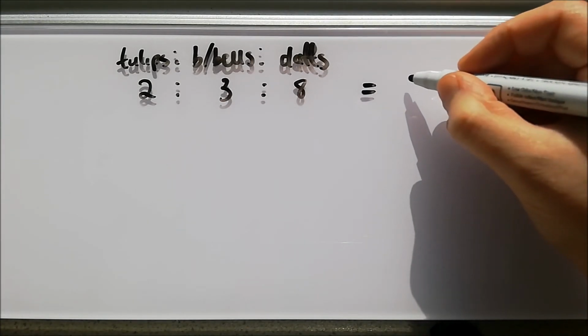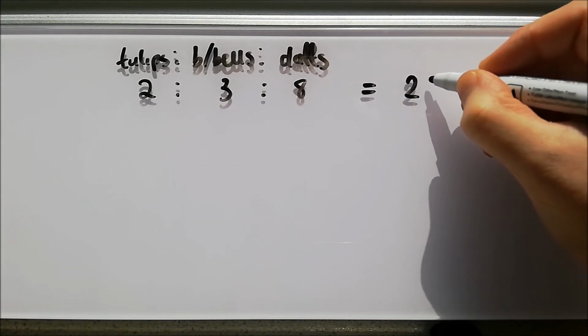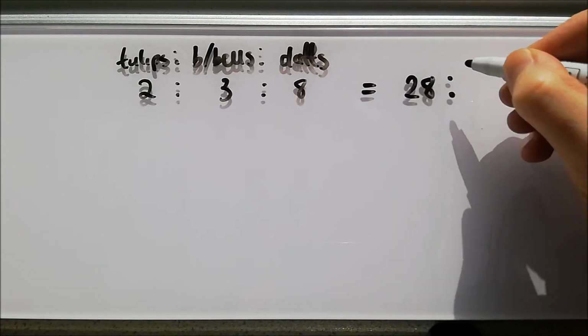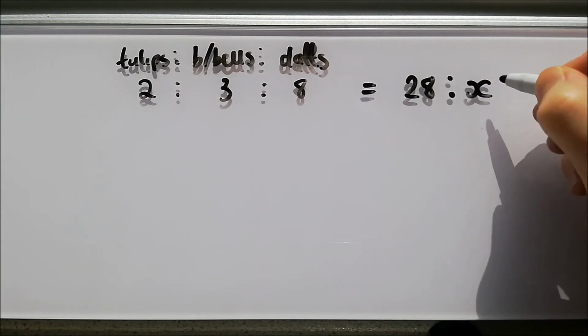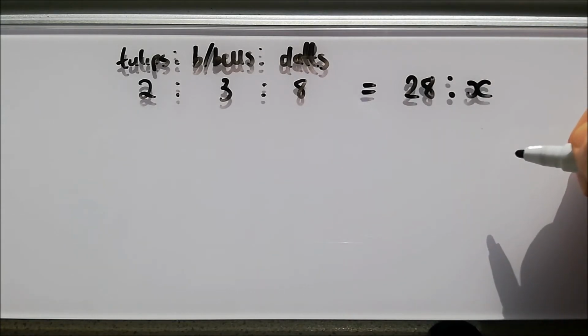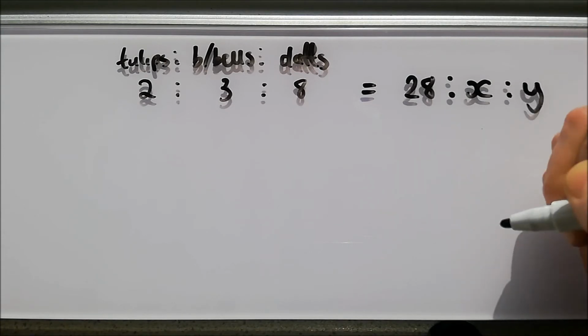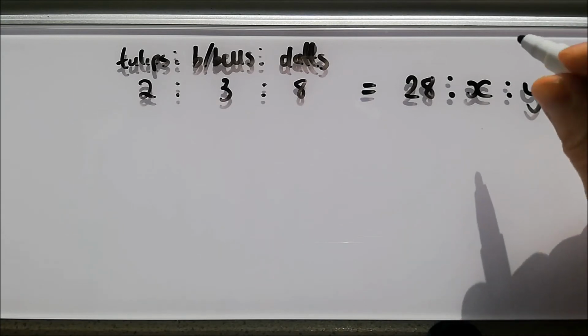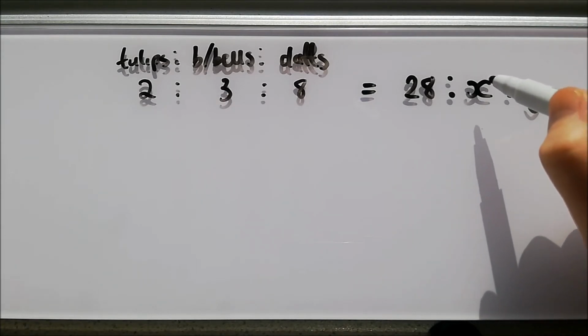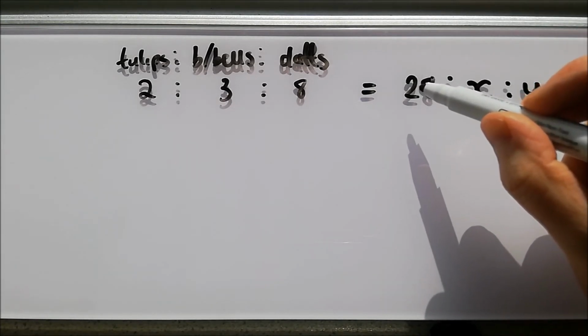So we're going to have 28 for the tulips and X for the bluebells and Y for the daffodils. What I'll then have to do is do one part at a time.